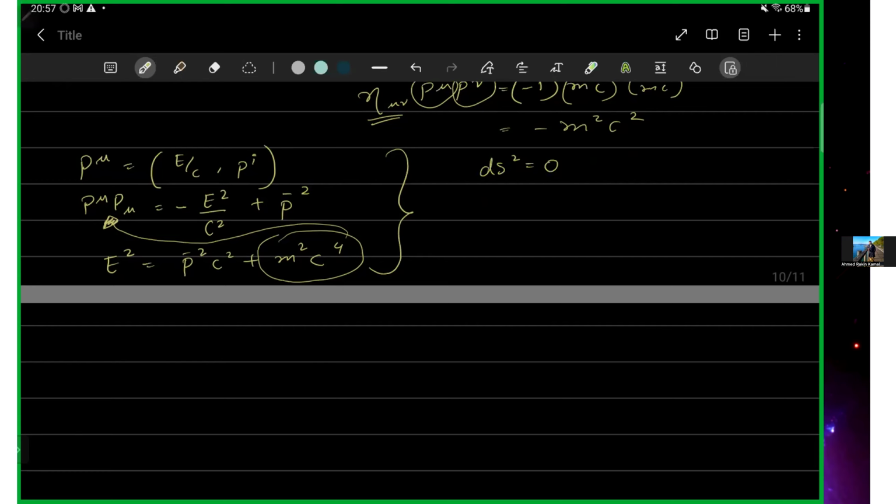However, since we have E as this expression over here, I can write E as the square root of P squared C squared plus M squared C to the power of 4. But let's consider that C equals 1 over here just for simplicity. So in that case, this will boil down to the square root of P squared plus M squared. But for massless particles, this is still okay, right? And I don't really have any problem, as in I don't have any divergences or anything.